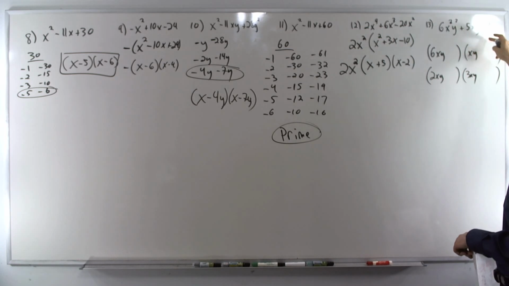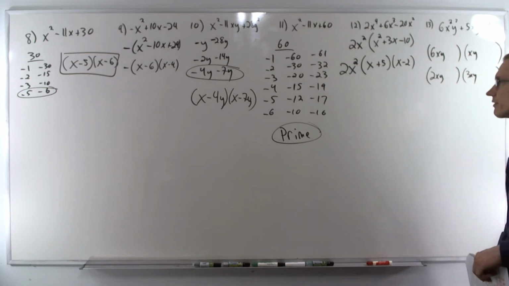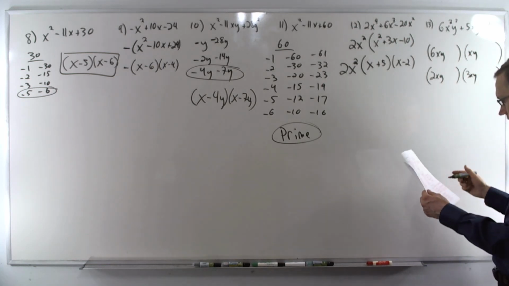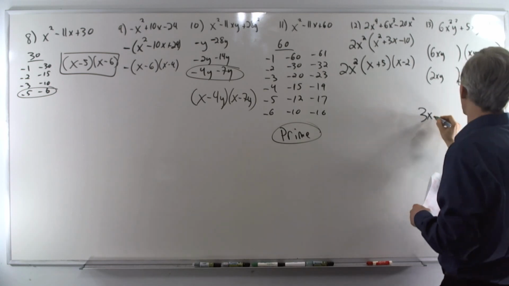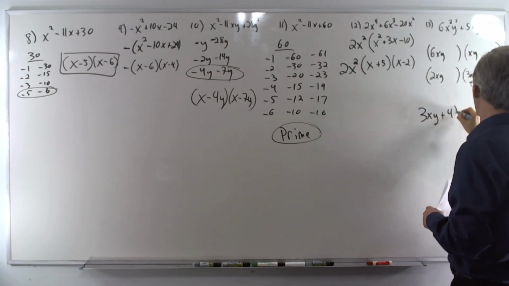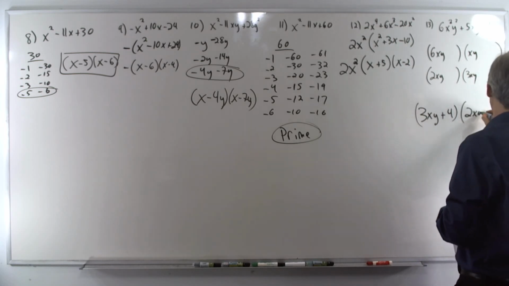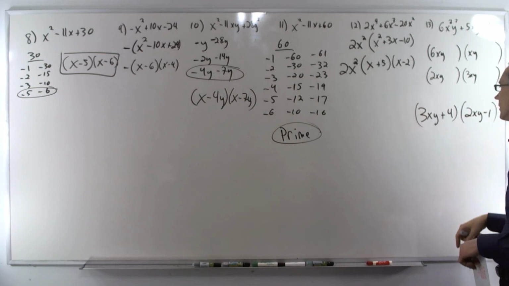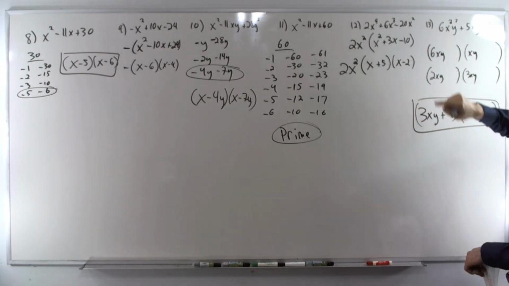And then we'll need to have 4s over here. This one's negative, so I'll have to account for negative and positive. So you can just write out all those different combinations. And as it turns out, what do we get? We get 3xy plus 4 times 2xy minus 1. And if you write out all the combinations and FOIL them, you'll see that this is the one that when we FOIL it, we're right back where we started.